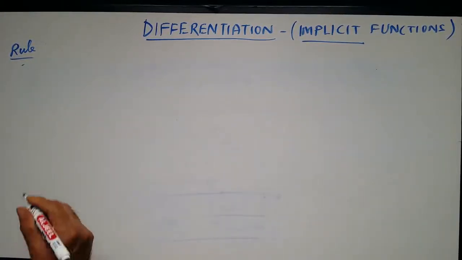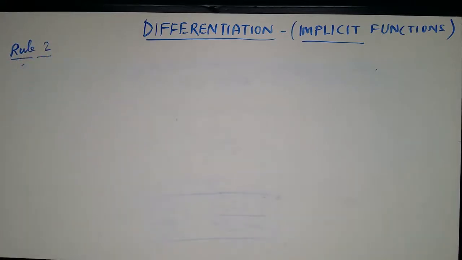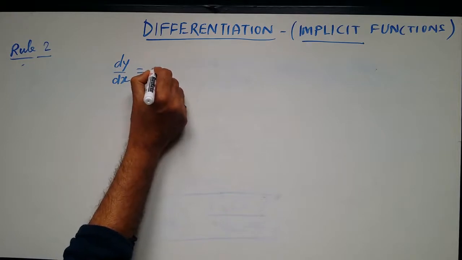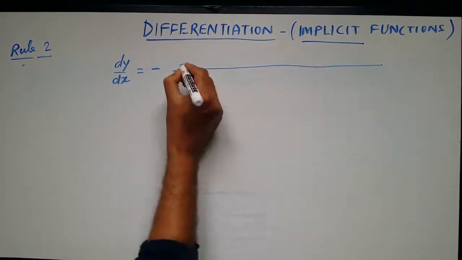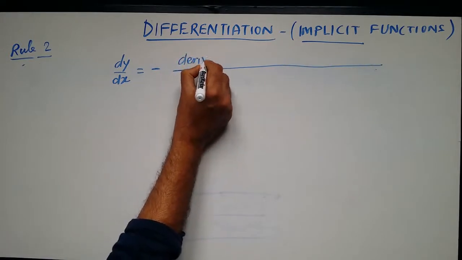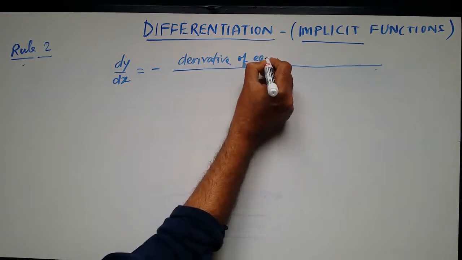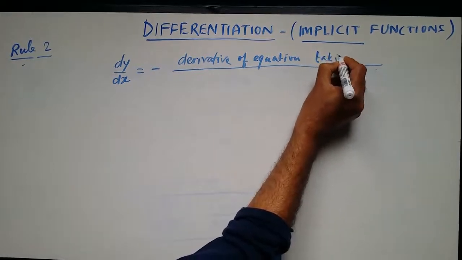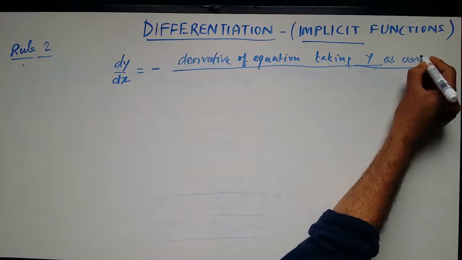So rule number 2 says, for implicit functions, dy by dx is equal to minus, okay, minus, the derivative of the expression or the equation taking y as constant.